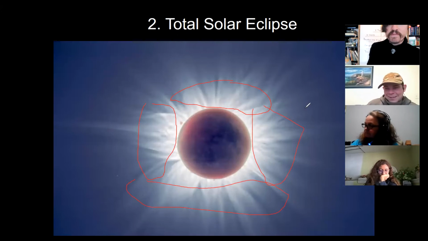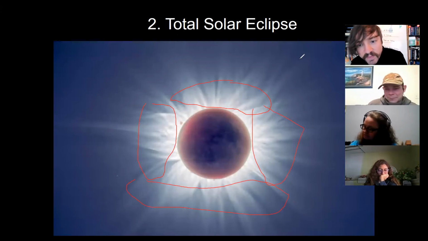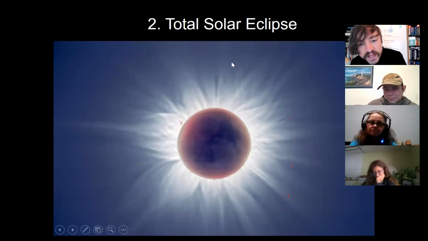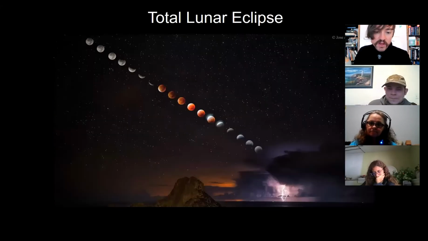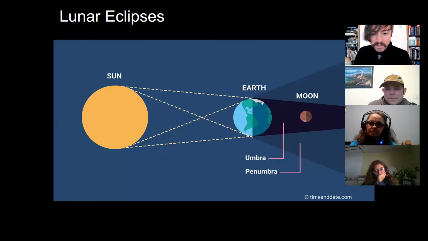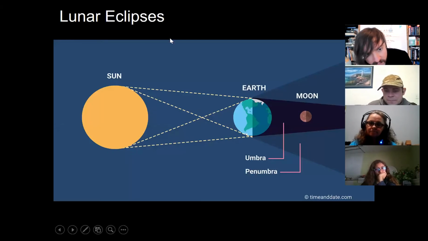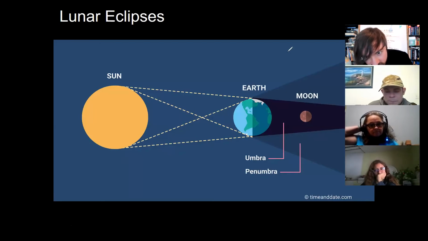The third type of solar eclipse happens because the path of the moon, as we were just mentioning, is not a perfect circle. So if you end up having a solar eclipse happening when the moon is a little bit farther away from Earth, its angular size will shrink and it won't cover the full disk of the sun.